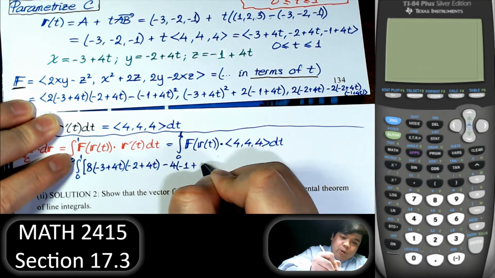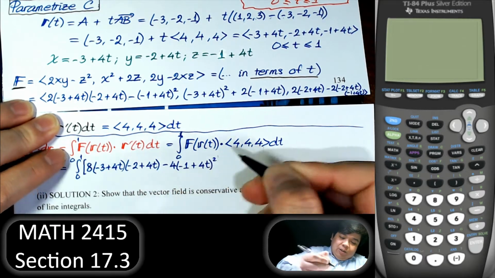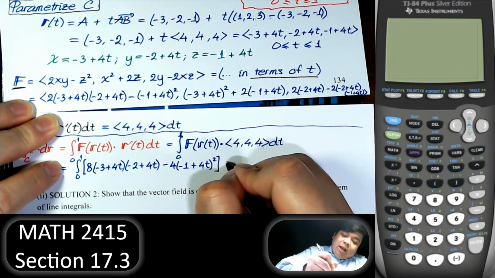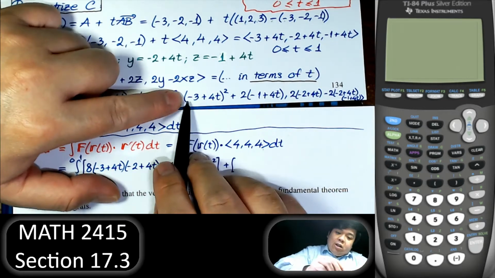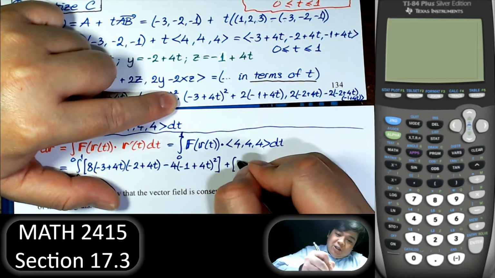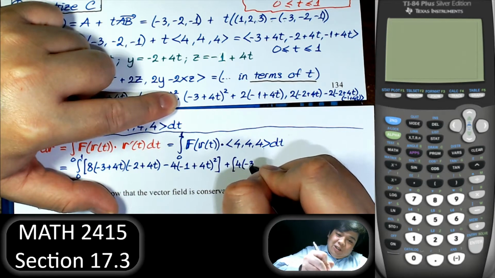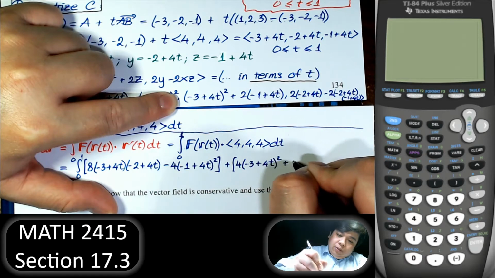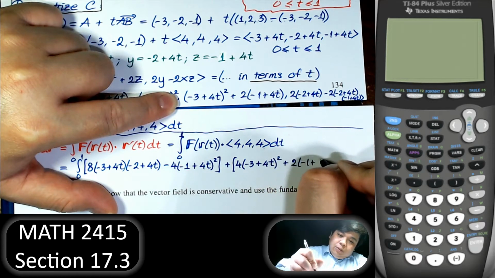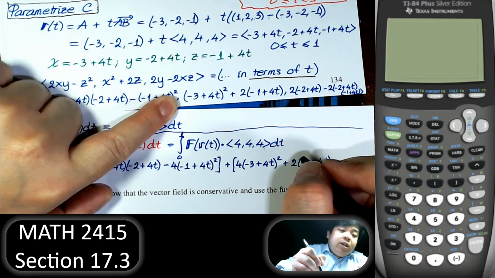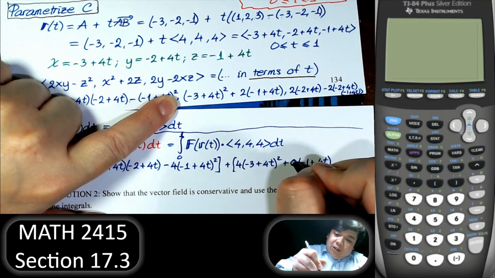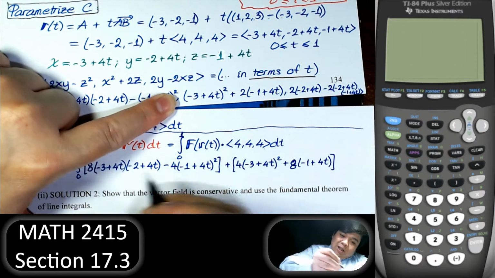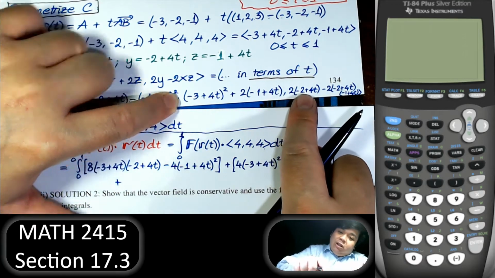Then 1 plus 4t. That's the first one. Next, this component times 4, and then that component times 4.